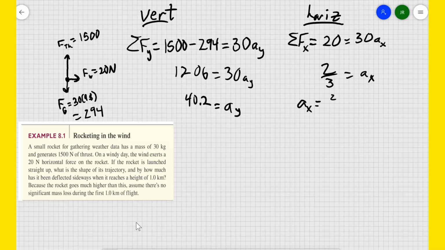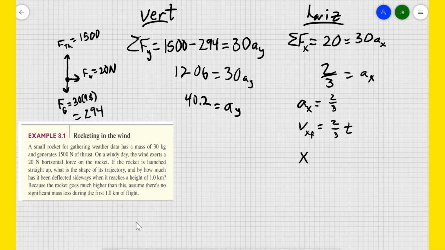a sub x equals 2/3. So then velocity in the x direction, final velocity, is equal to what? It is the antiderivative of that, which is 2/3 t plus v0, v0 being, we can say, 0 in this case.